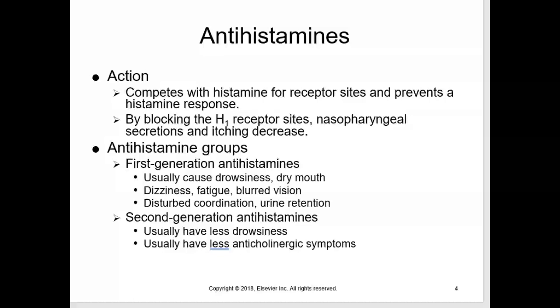Since the first generation antihistamines can cause drowsiness, we want to teach our patients that they should not drive or operate dangerous machinery while taking the medications. The anticholinergic properties of most antihistamines cause dryness of the mouth and decreased secretions, making them useful in treating rhinitis caused by the common cold. Antihistamines also decrease the nasal itching and tickling that causes sneezing.